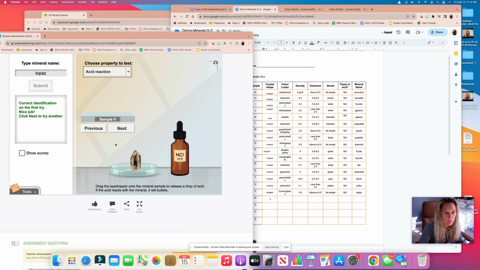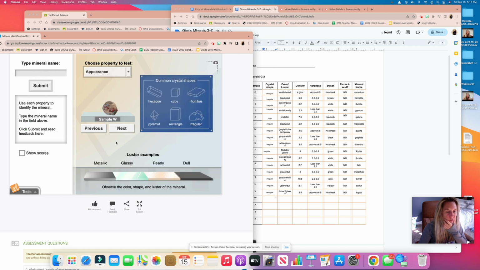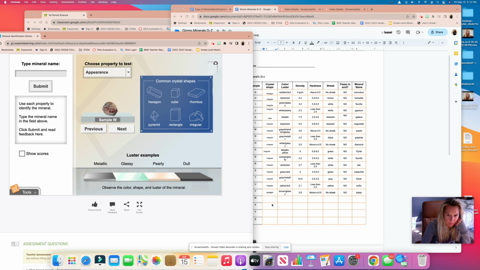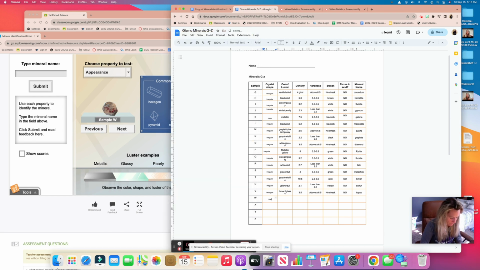All right, W. All right, appearance. Okay, so W is kind of a reddish, brownish color. It's kind of got like specks of different colors, but it's definitely irregular. So we would say like a dull red and brown. So irregular, brown slash reddish, and it's dull.